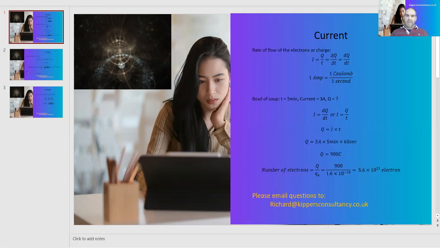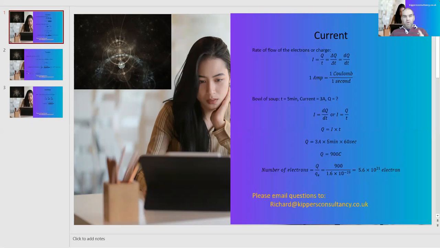Well, we've already said that current is the rate of change of charge, dQ/dt, or more simply, current is equal to charge divided by time. We can rearrange this formula so that charge is equal to current times time.